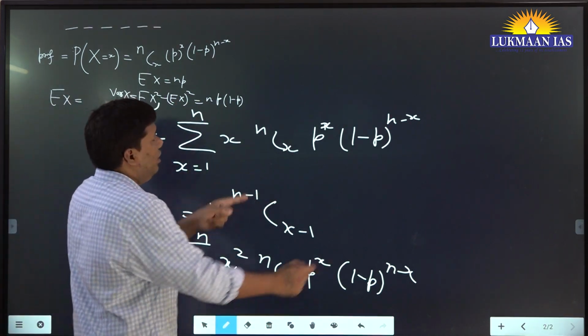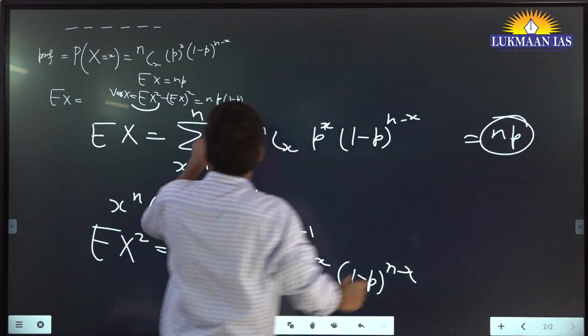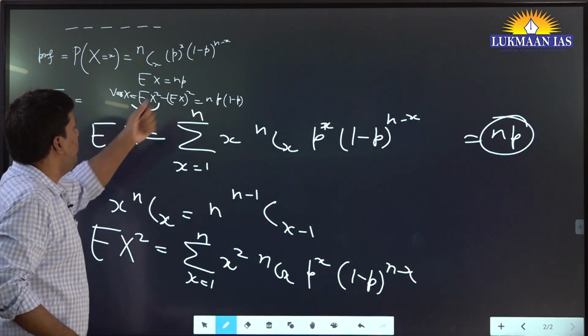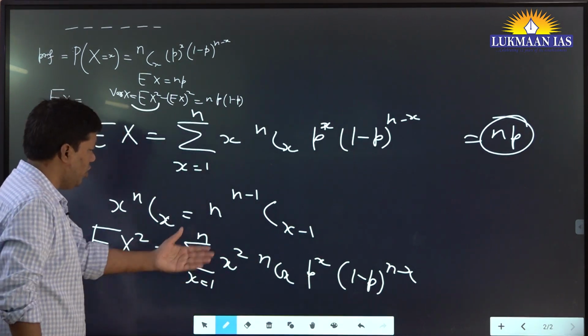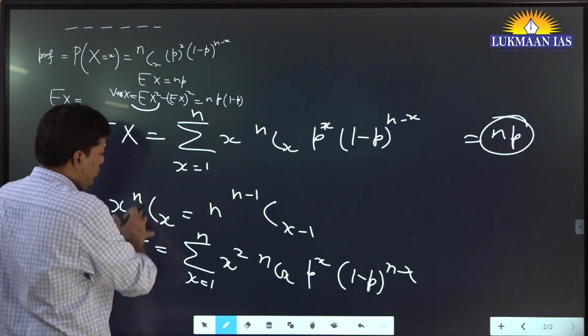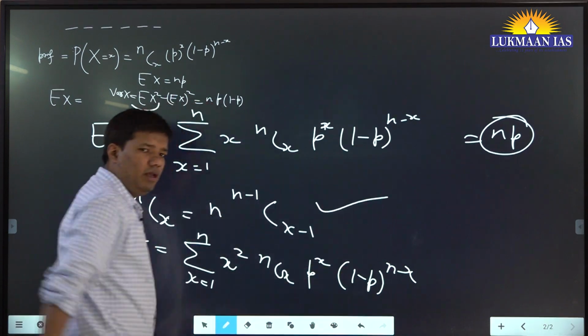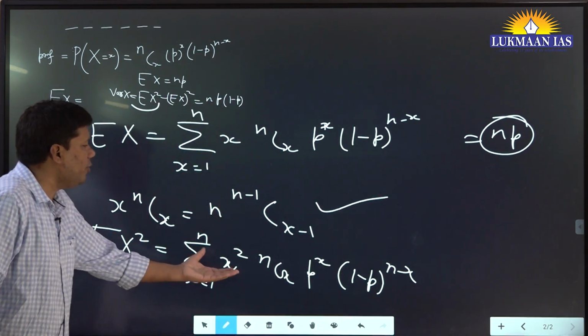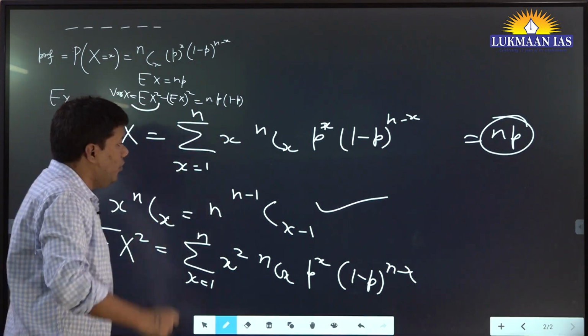This turned out to be np, so the second term you already know. So (np) square you will put, but you have to calculate this thing. Here also you will do some algebraic manipulation, and you have to use the same identity, only you have to do it 2 times. Fine. So this is your binomial distribution.